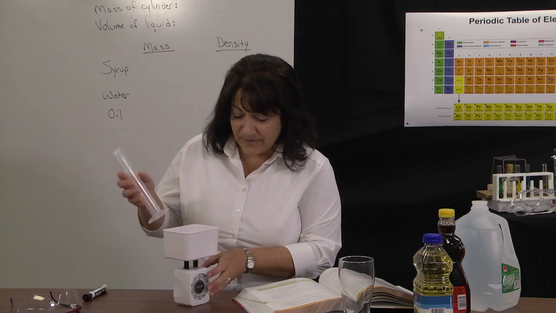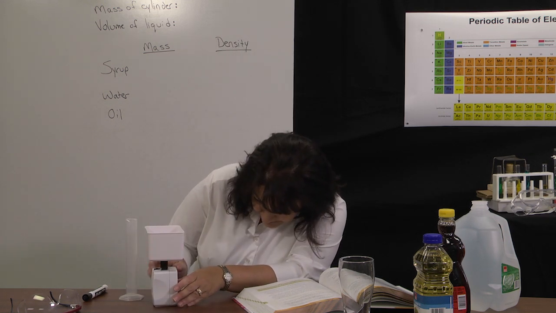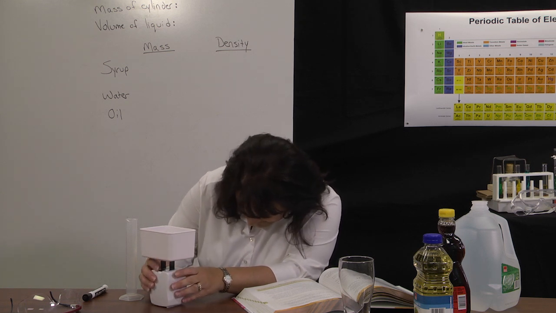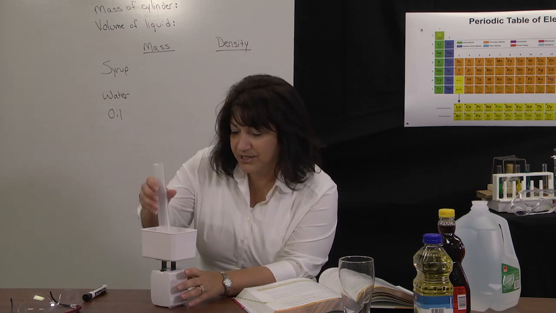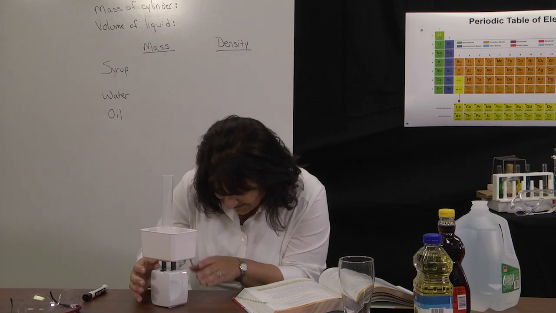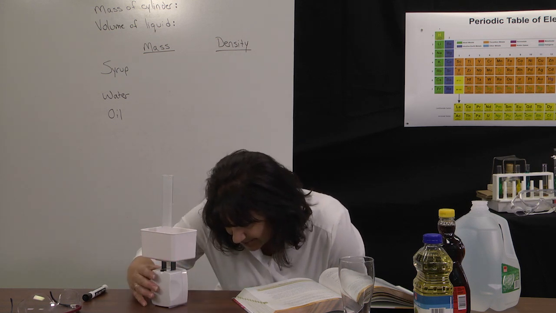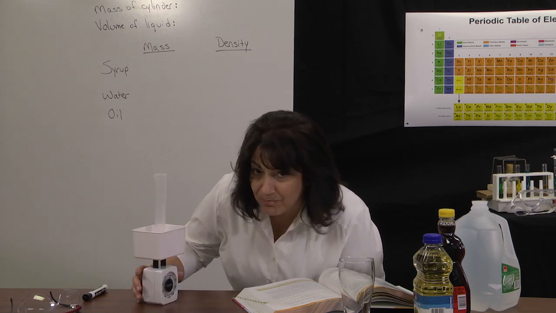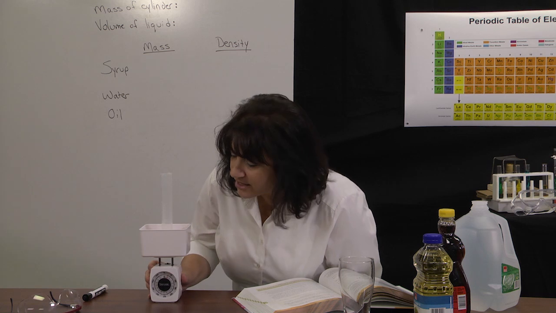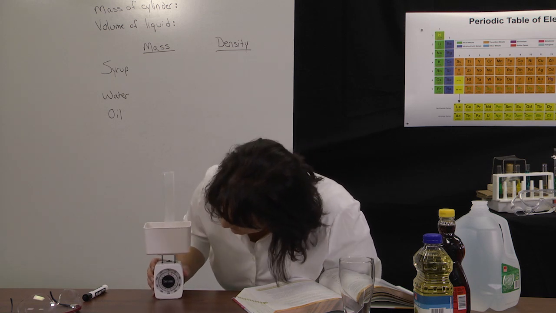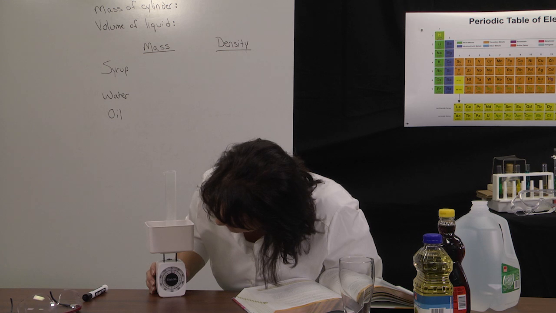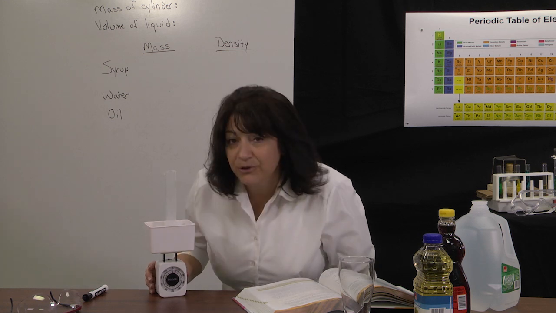So I'm going to go ahead. I first have this zeroed out at 0. And I'm going to put my graduated cylinder in and read it. My measurements go, every hash mark is 5 grams. So my measurements go by 5s. And I can see with this one, we have almost 35.